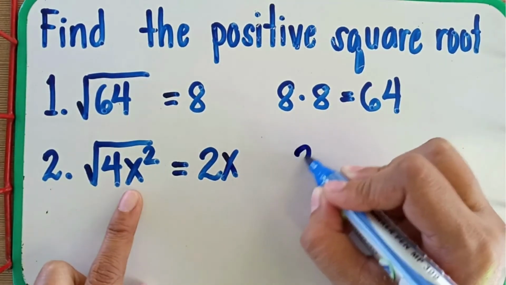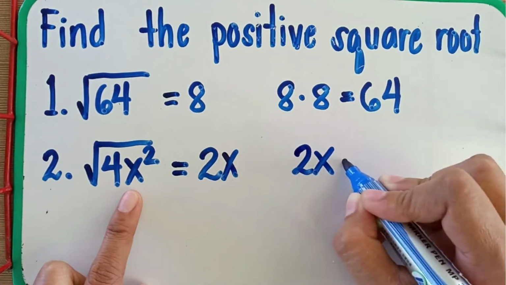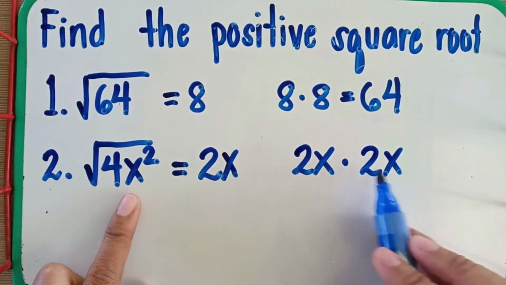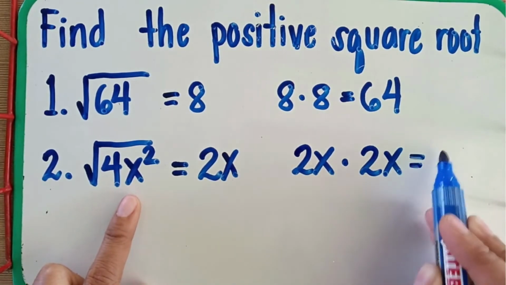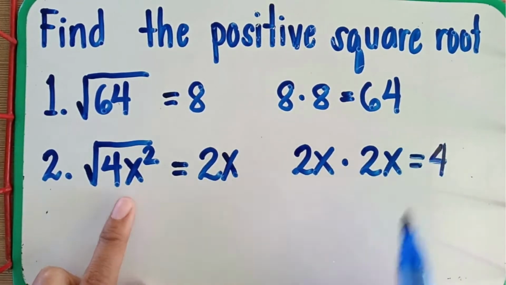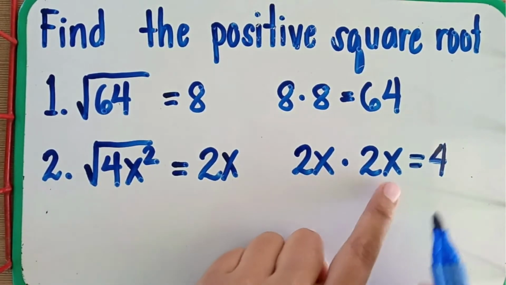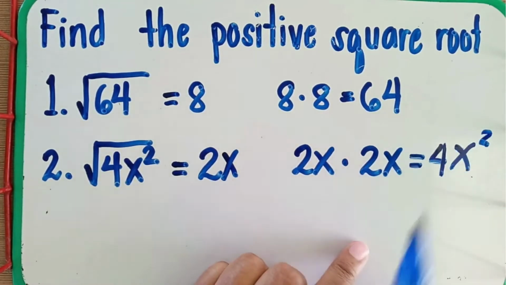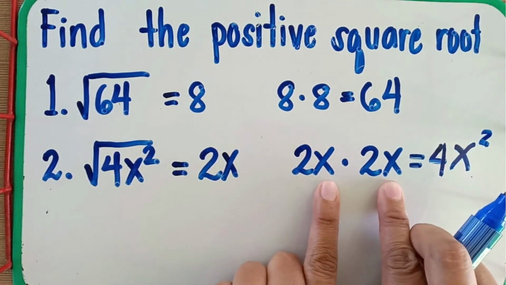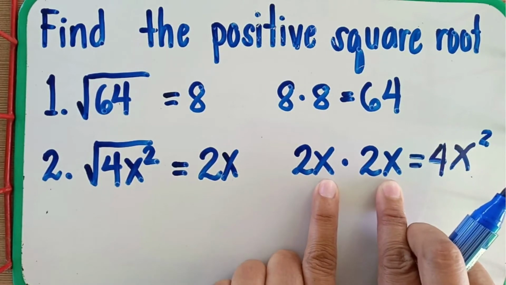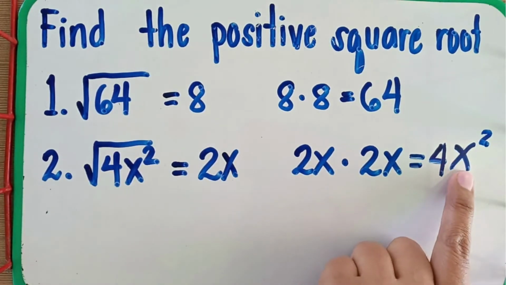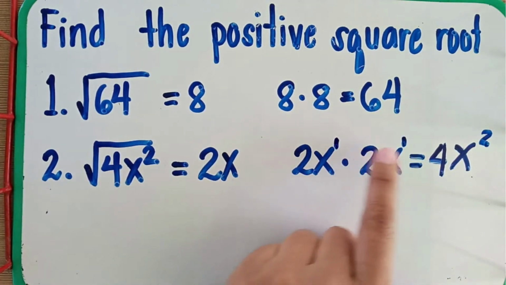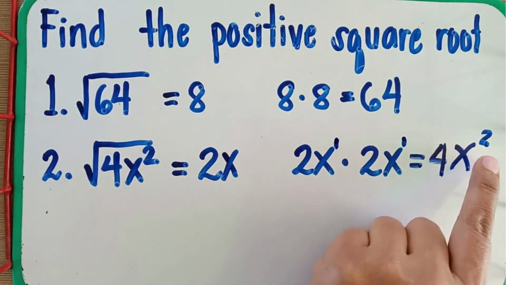To check, we will multiply 2x times 2x. 2 times 2 is equal to 4, and x times x is equal to x squared. Remember, when you multiply variables of the same base, you copy the base x and add the exponents. So we have 1 plus 1 is 2.